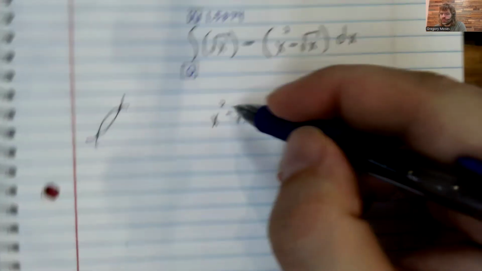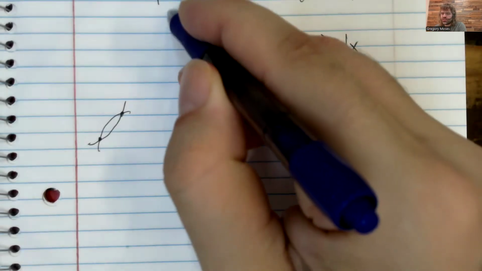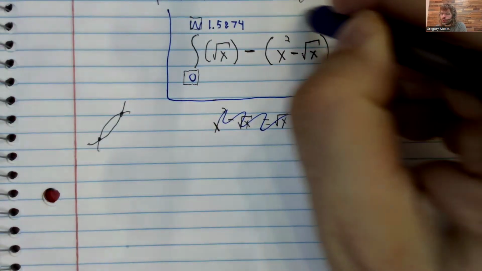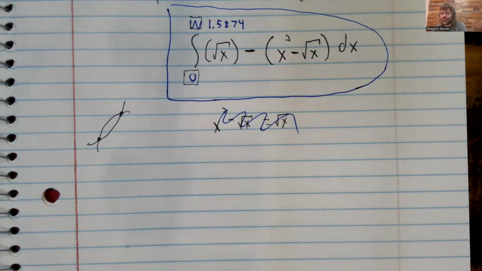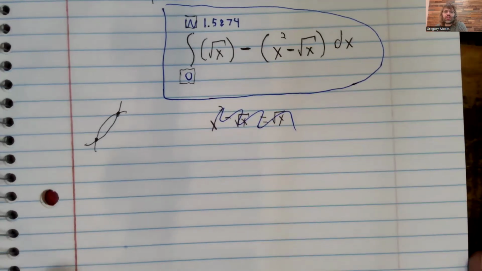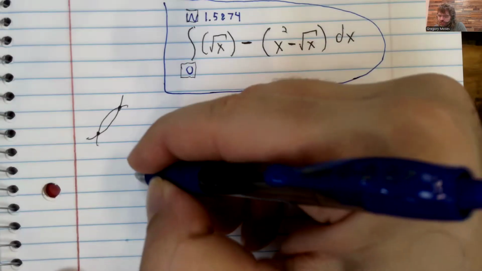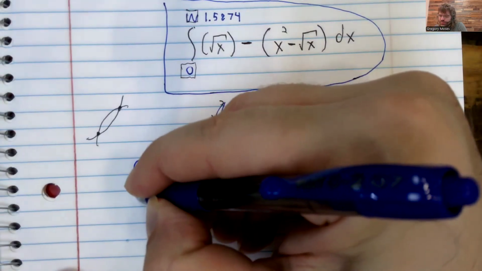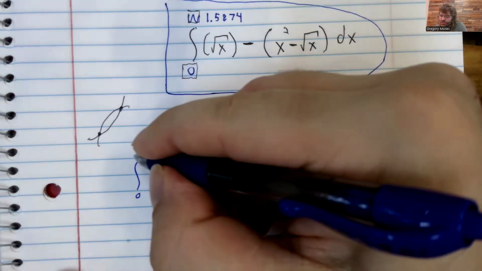So the integral from 0 to 1.5874 of the square root of x minus x squared minus the square root of x dx is the integral that gives us the area. And let's see.